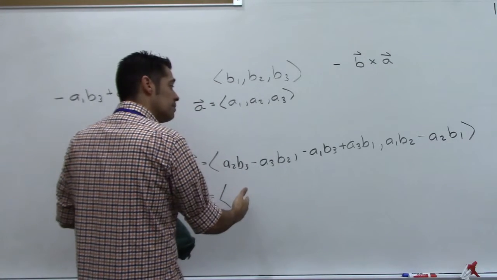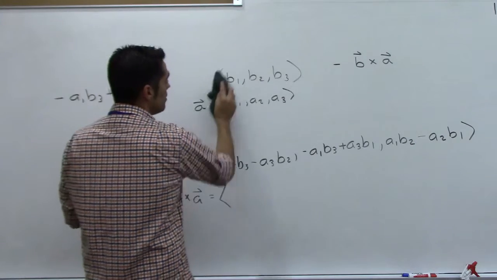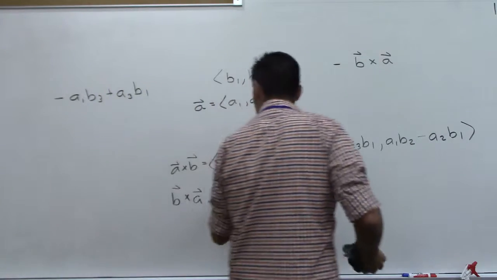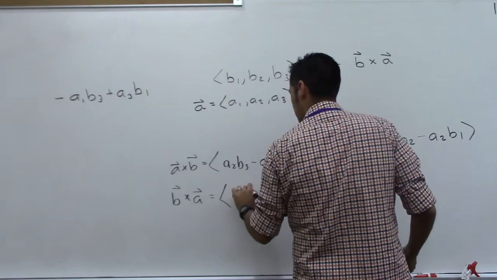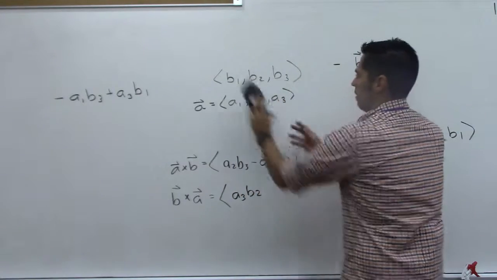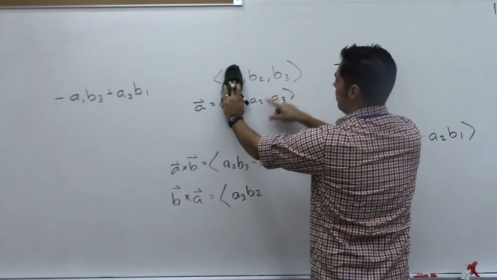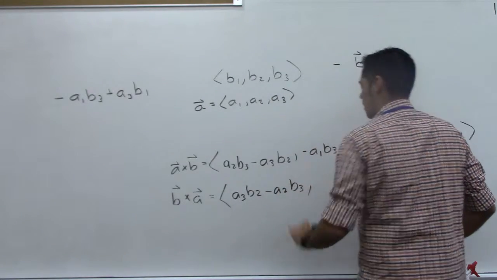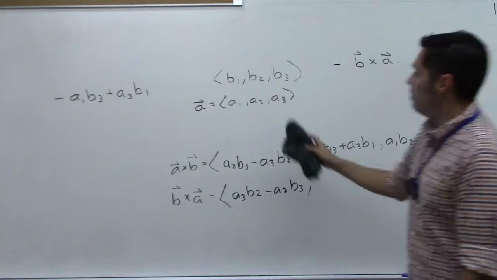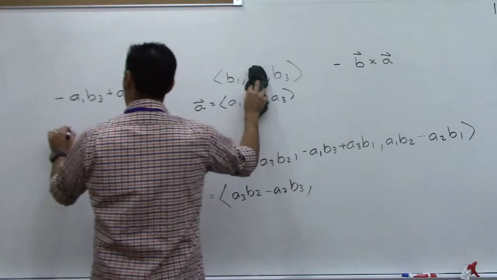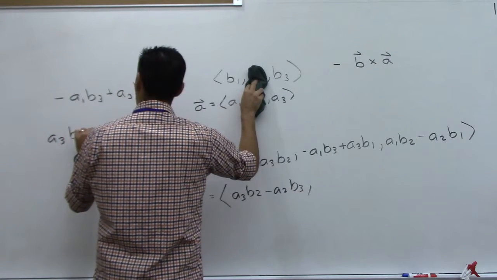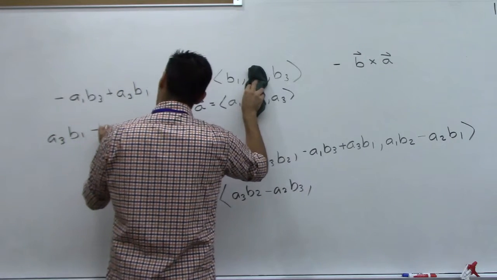Okay, try to get the first component, the I component. Cover up the I component. B2 times A3 is A3, B2. Minus A2 times B3. Now cover up the middle one. And you get B1 times A3 minus A1 times B3.